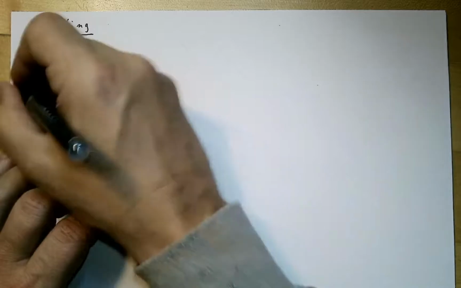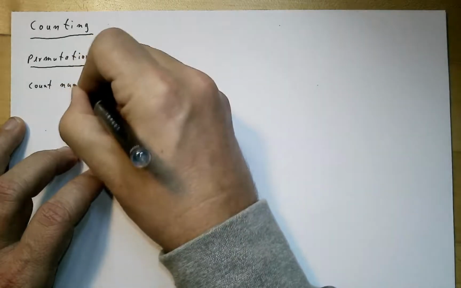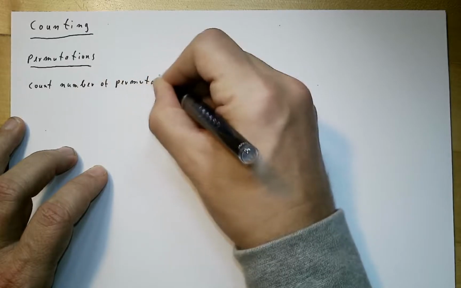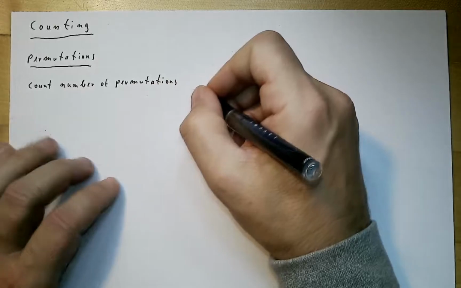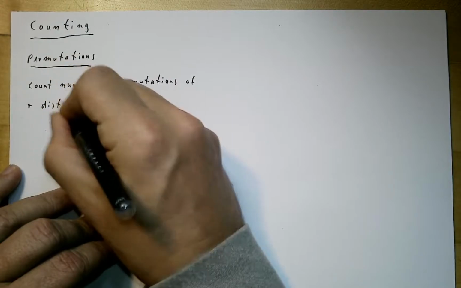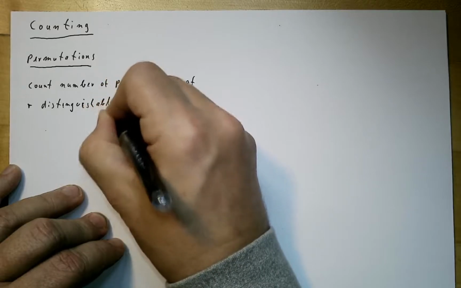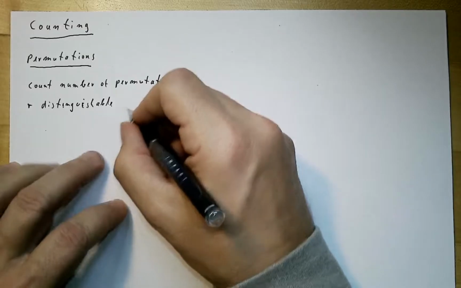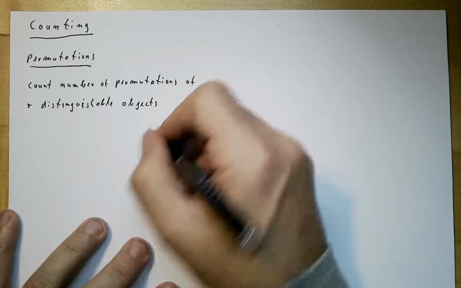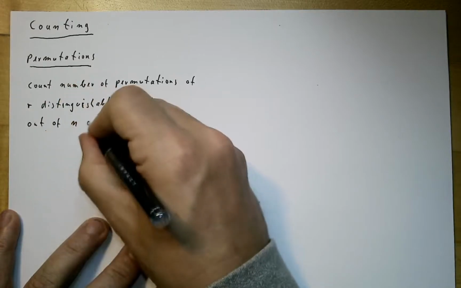So we want to count the number of permutations of r distinguishable objects out of a set of n objects.